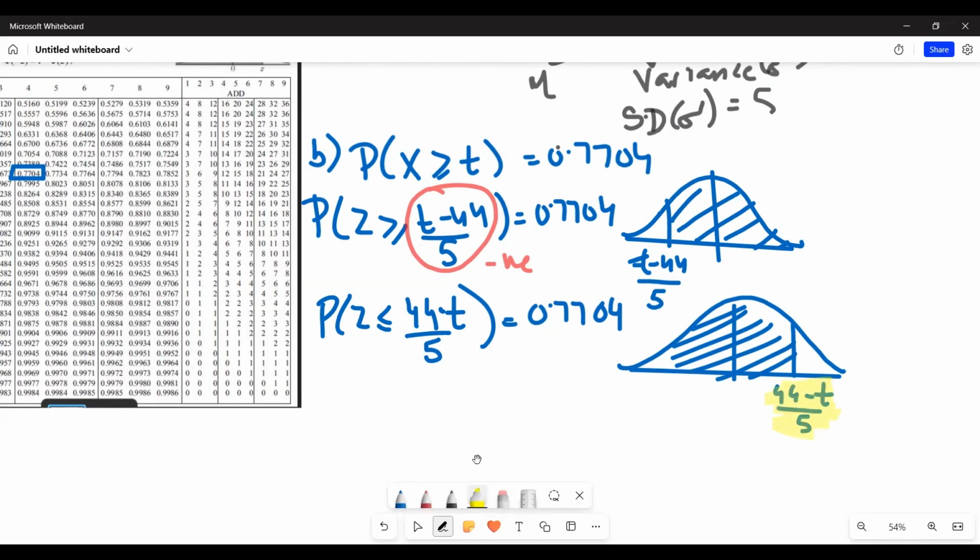Find t from it. So 44 minus t upon 5 equals 0.74. So t comes out to be, after cross multiplying and rearranging, we get 40.3.